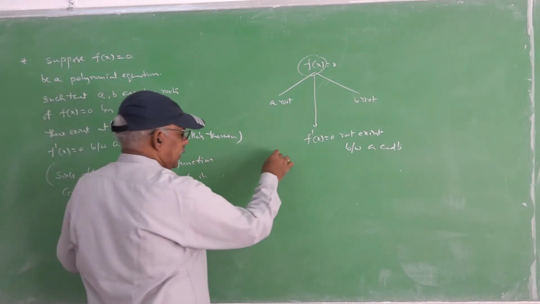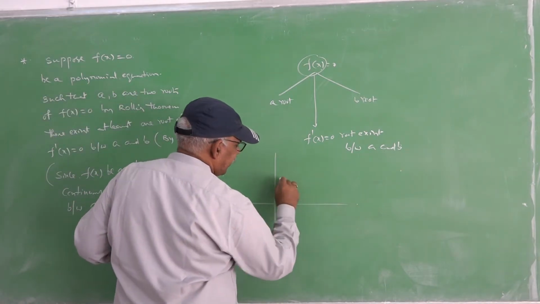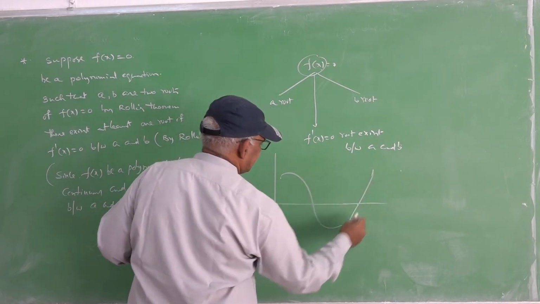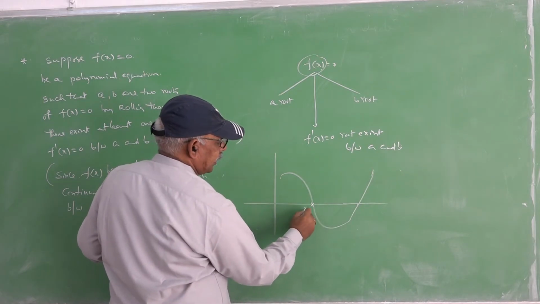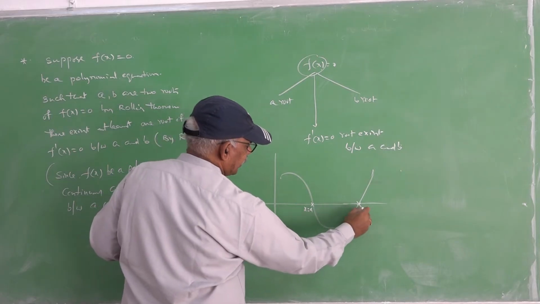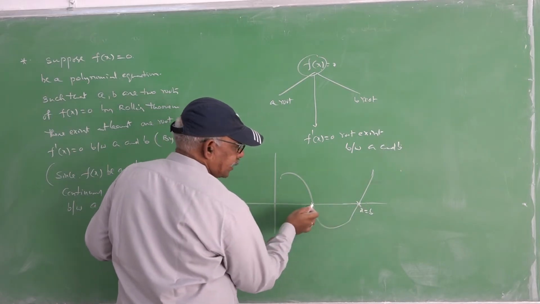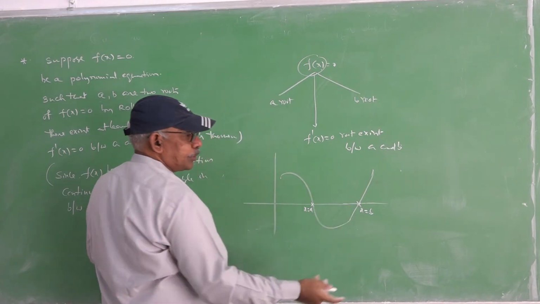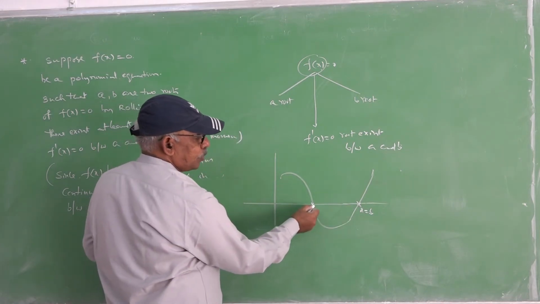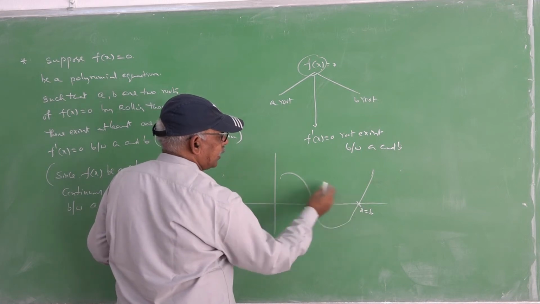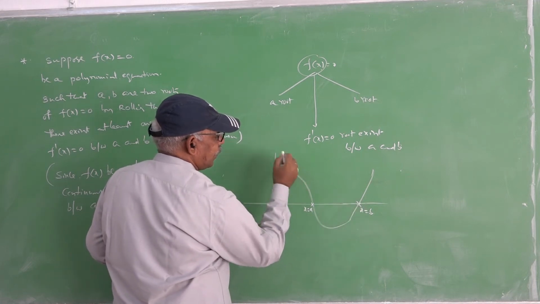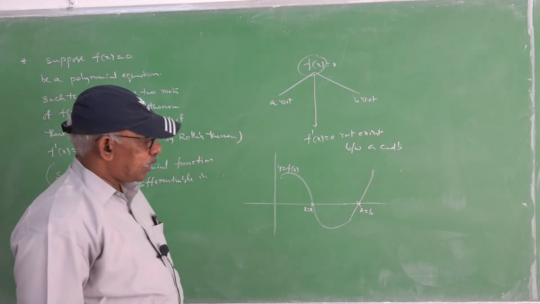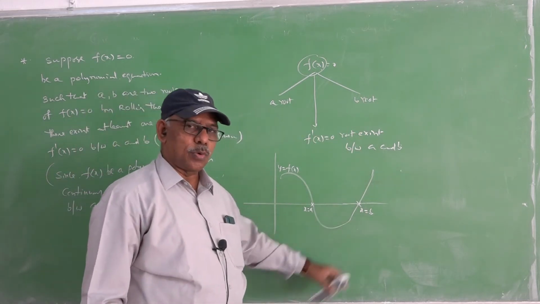For example, the graph of the function is like this. At x equal to a and at x equal to b, f of a is 0, f of b equal to 0. So, this is one root of the polynomial function y equal to f x graph. x equal to a is a root and x equal to b is another root.